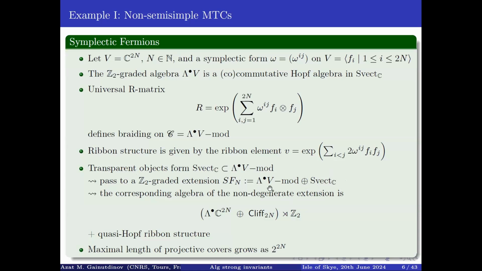It's possible. Actually, the classification of such graded extensions, by Gelaki and students, says that up to equivalence there are only 16 possible extensions of such a category to a non-degenerate one. And I'm thinking about a particular one. So this symplectic fermion category is a modular tensor category. I'm not giving you the full structure.